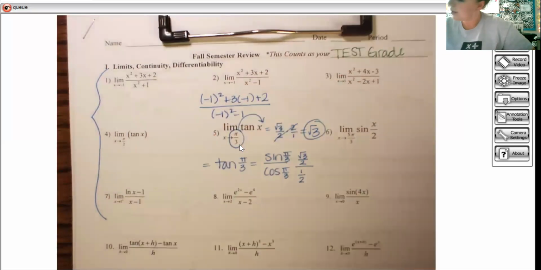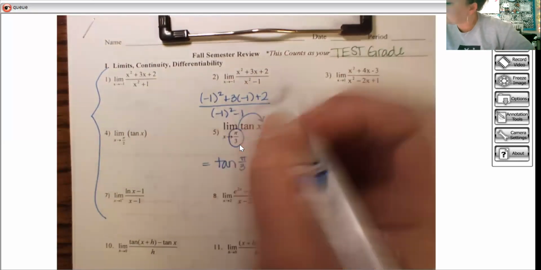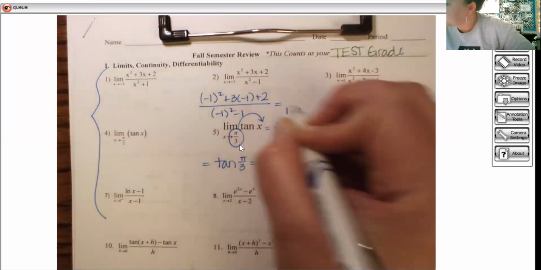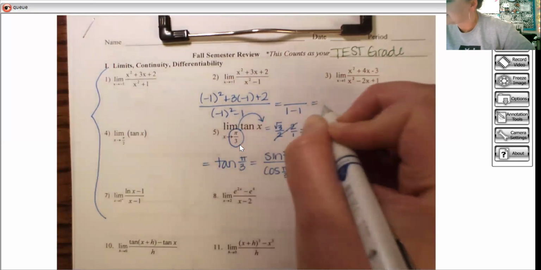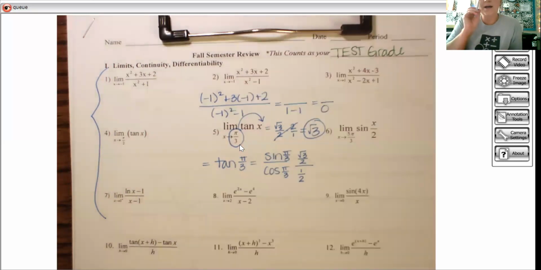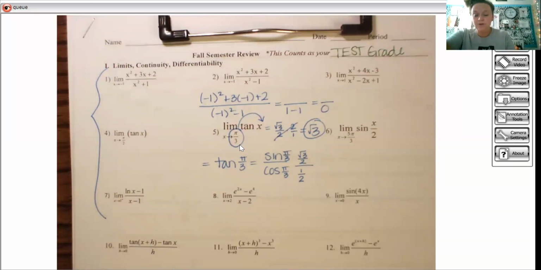Well, -1 squared is +1, and 1 minus 1 is going to give me a divide by 0. However, very important here that if the top comes out to 0 as well, that means L'Hopital's rule could potentially fix this limit. So let's see if it does.